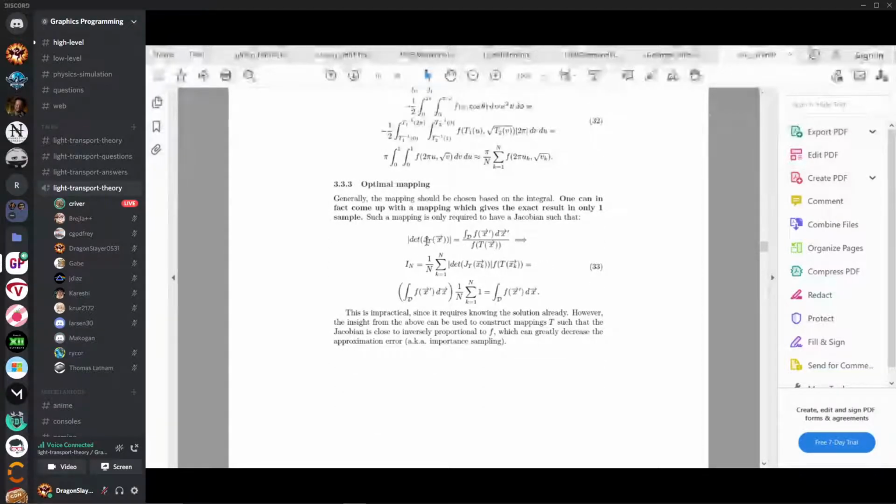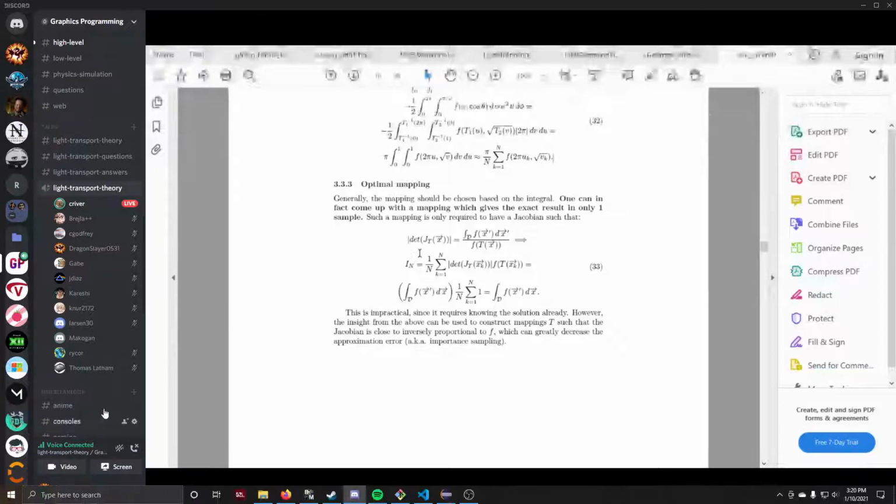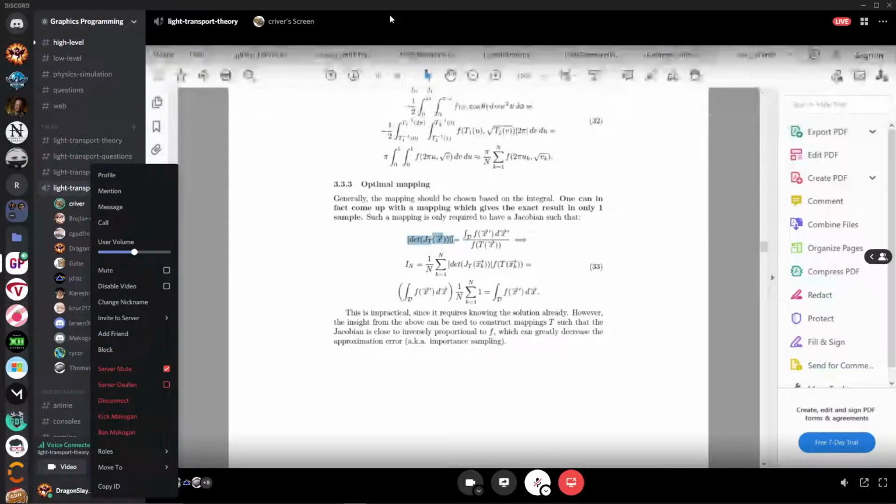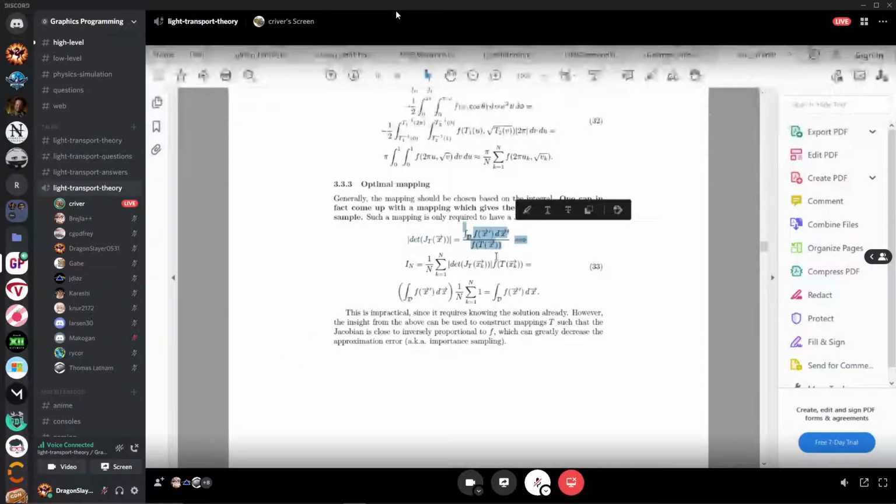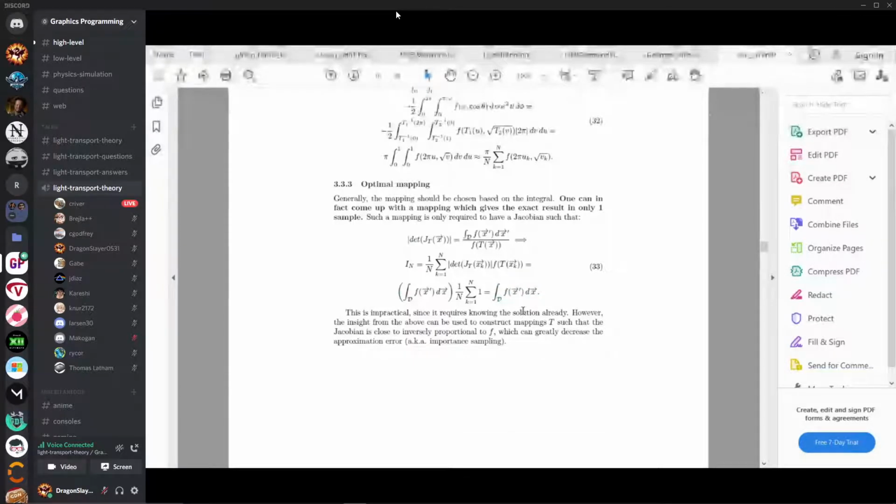We can take as an example the ideal transformation. The ideal transformation would have a Jacobian which is the integral divided by the function. If you plug it into the estimator, these cancel out and you're just left with the integral itself. That would mean you would need exactly one sample and you would have the correct solution.